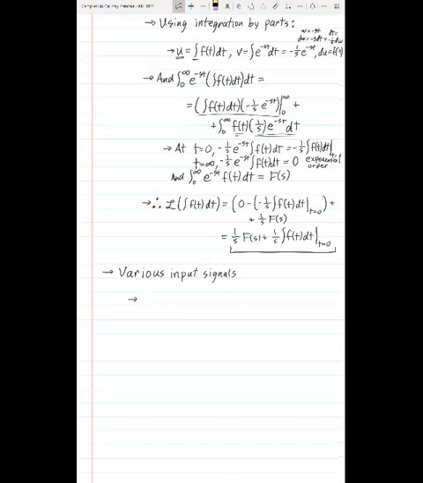In math speak, that would be developing the Laplace transformation for various signals typically used as inputs.